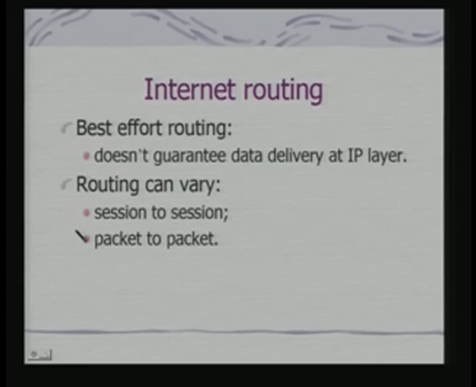So, routing can vary from session to session and even packet to packet. And if you are looking at multimedia data transfers over such a network where the deadline becomes important, you have to implement additional protocol layers on top of them to have efficient routing.